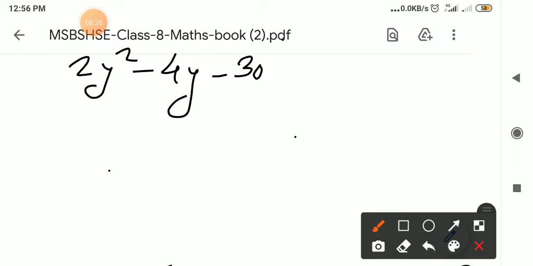If you see this example, you will notice that 2, 4 and 30 are divisible by 2, or the common term is 2 inside it. So first we will take out 2 as common here.